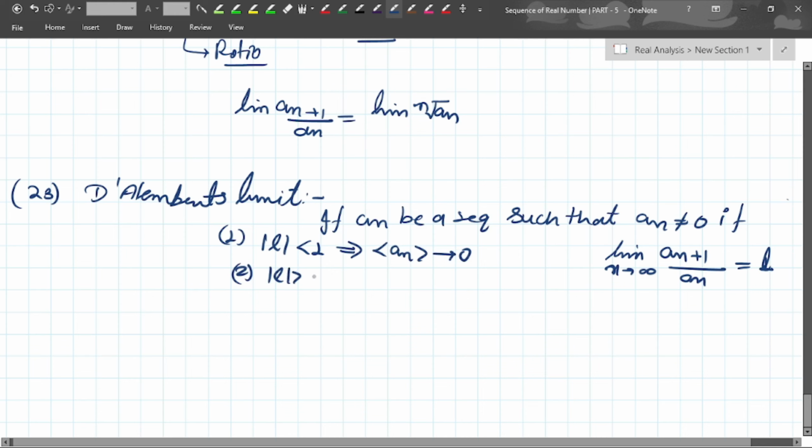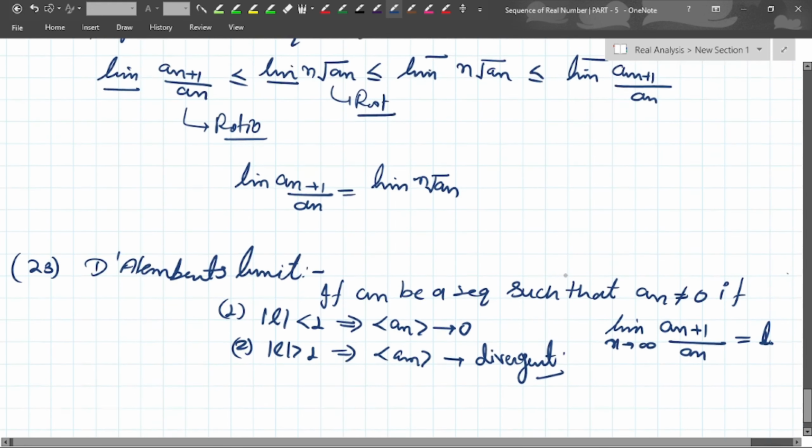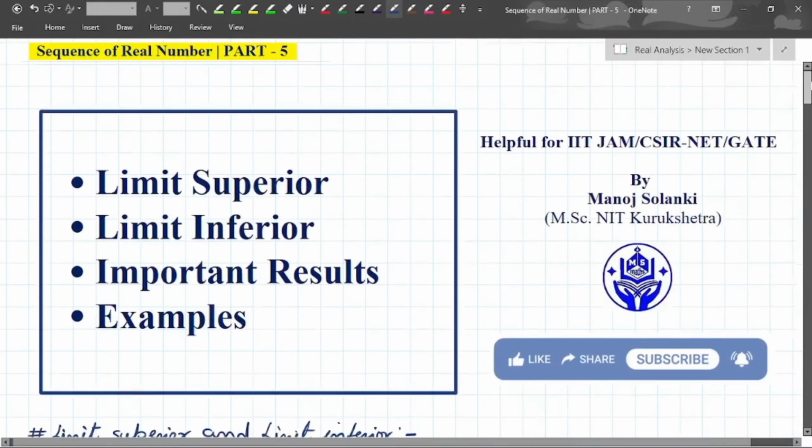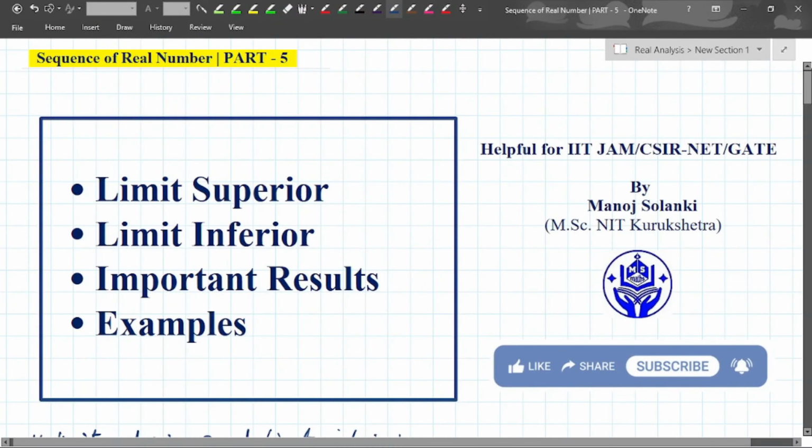If it is greater than 1, then it will be divergent. If it is less than 1, then it will be 0. Otherwise, it will be inconclusive. Okay.